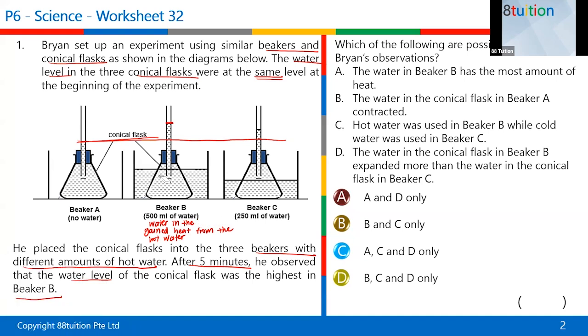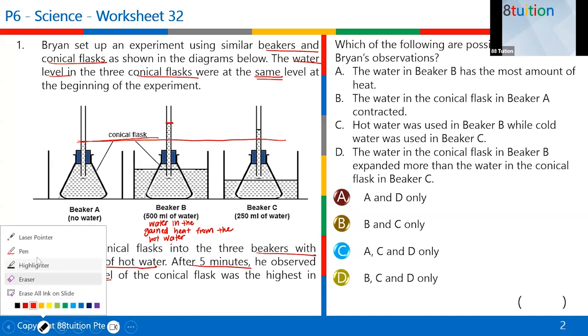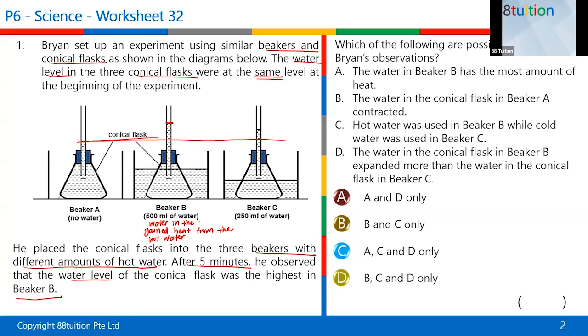Okay, we are talking about the water in this flask. So the water in the conical flask gain heat from the hot water in the beaker. Okay. And expanded. So when it expands, the water level will rise.